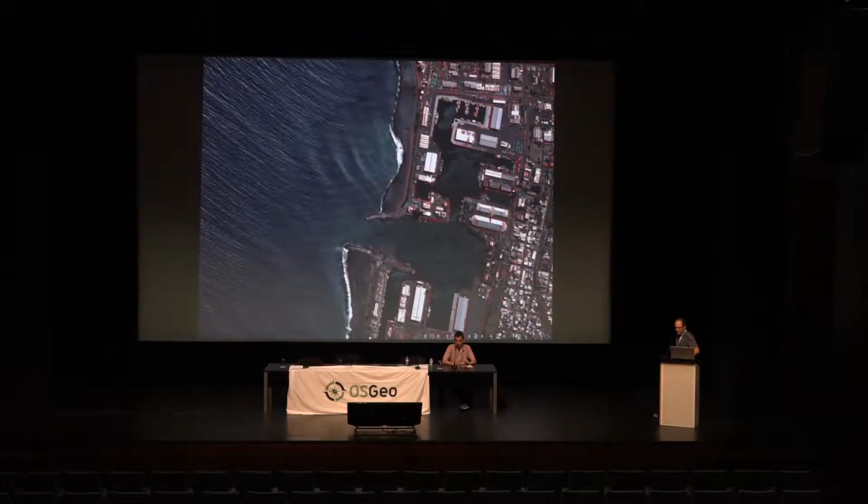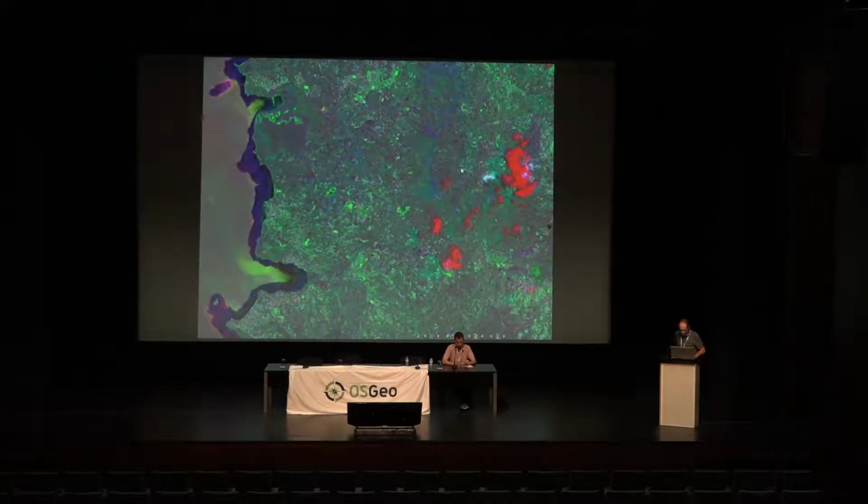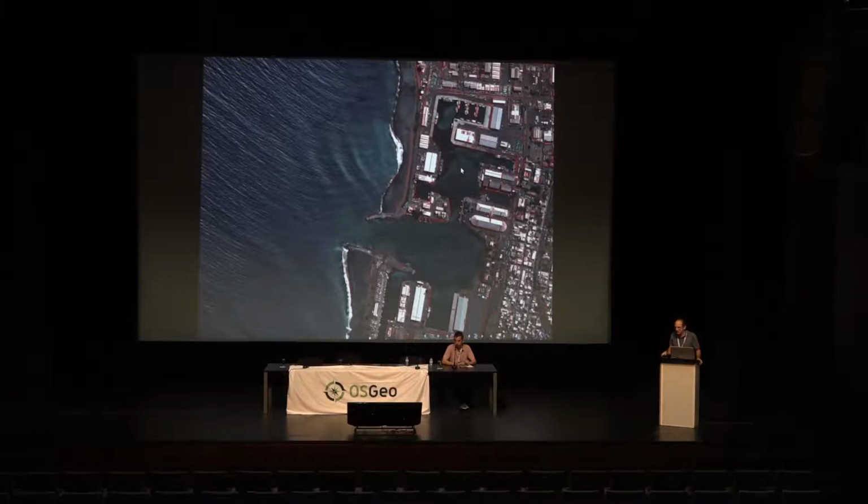This is another nice algorithm when you work with very high resolution data. It's called line segment detector, or LSD. It detects lines, and you can see that on the buildings it's quite efficient with not so many false alarms. You can do this with Orfeo Toolbox, and I would just like to say that you could go to the original research code, which is also published as an open source implementation.